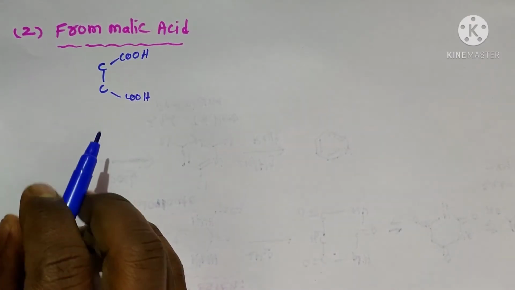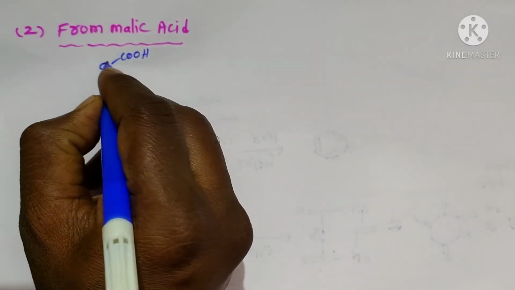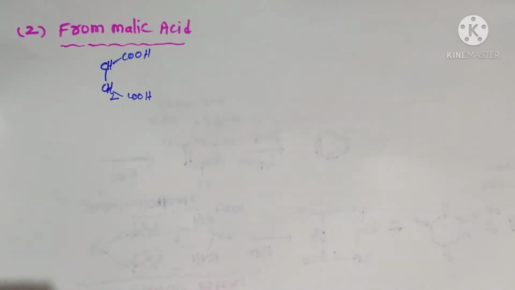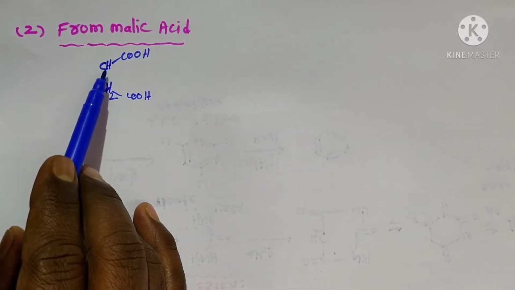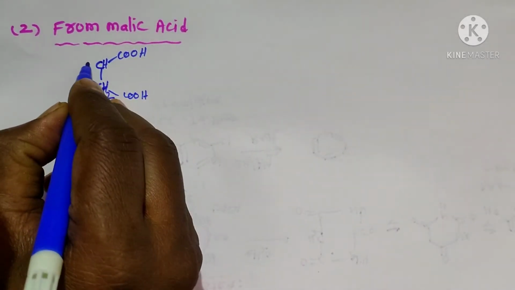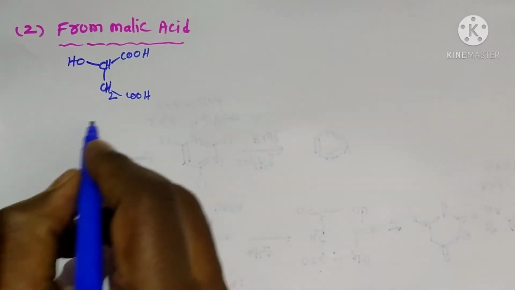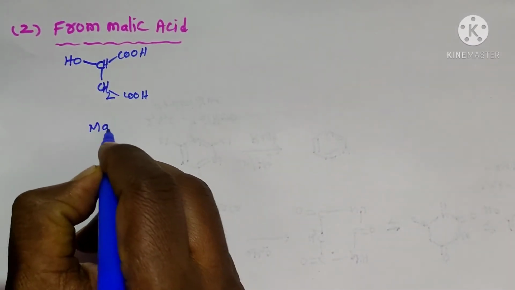That becomes succinic acid. But if in place of a hydrogen we write one hydroxy group, it becomes malic acid. So this is malic acid.